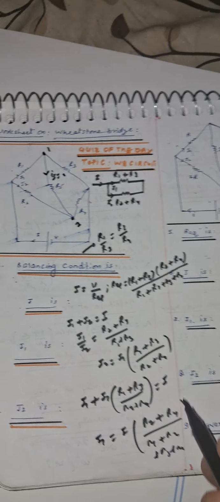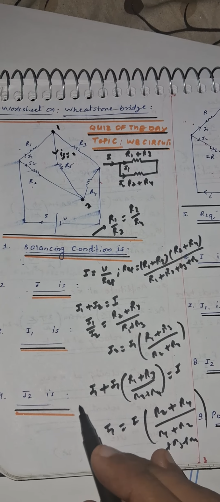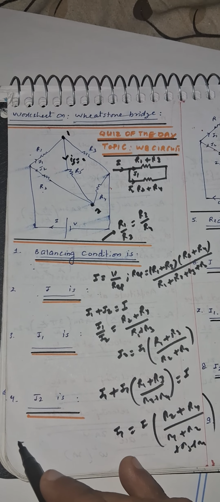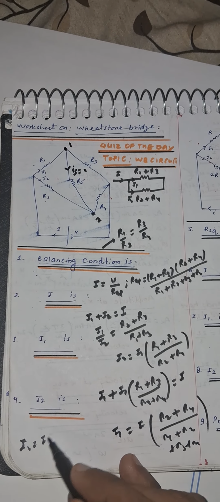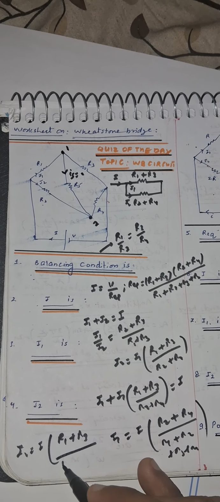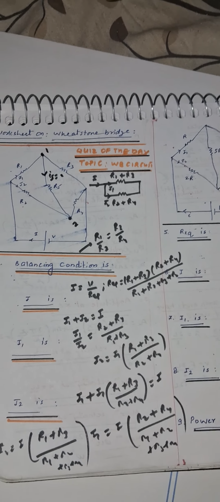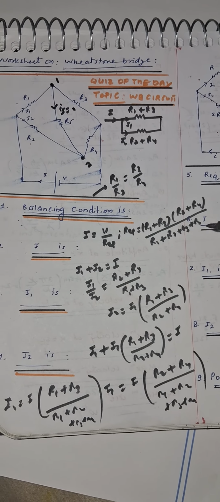Similarly, by symmetry, I2 will be equal to I into R1 plus R3 divided by R1 plus R2 plus R3 plus R4. So using the symmetry, you can solve the questions.